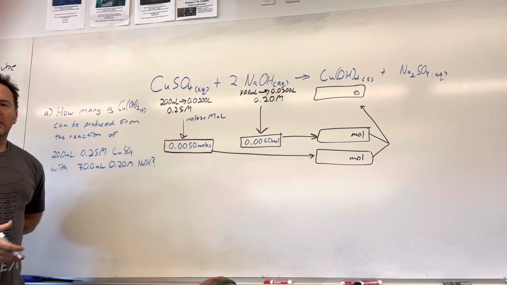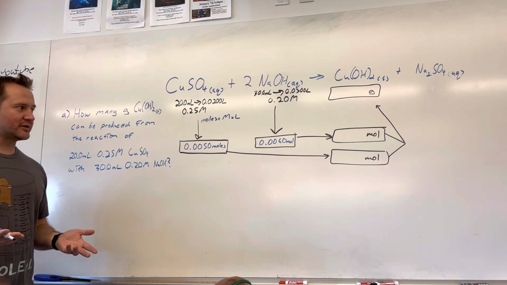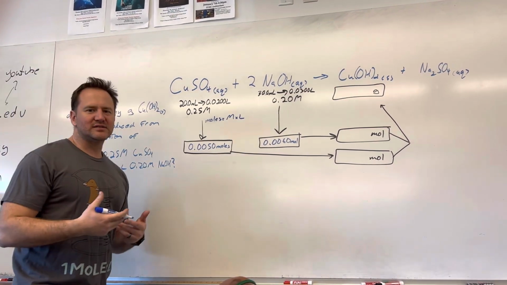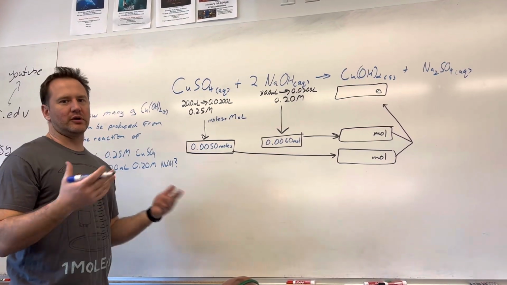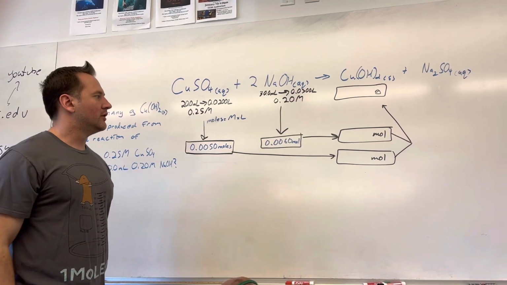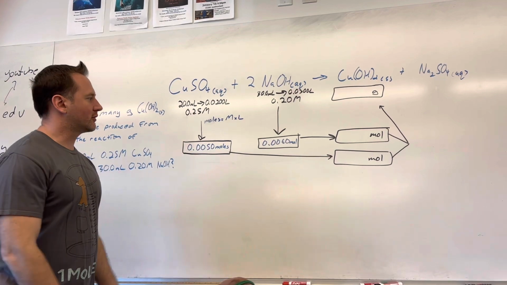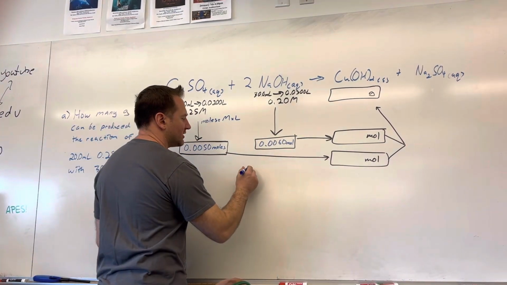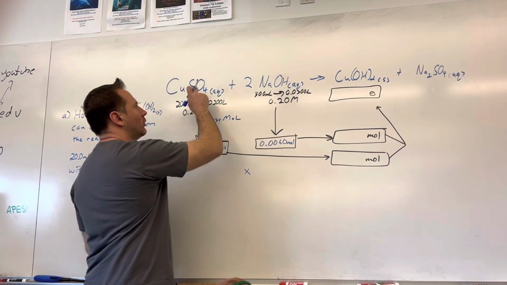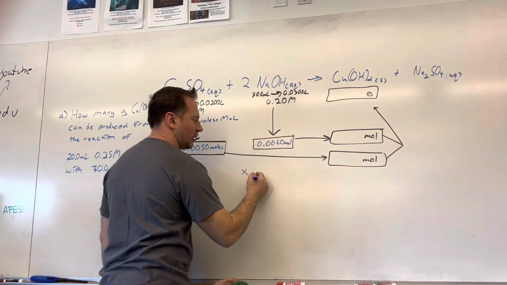Now we need to figure out how much product we could make from each reactant and then pick the lower value, because that'll be what we could actually make, because we're going to run out of whatever gives us the lower value for the number of moles of product. Then we can use the molar mass to get from that to grams. So for the copper sulfate, that reacts in a 1-to-1 molar ratio with the copper hydroxide.